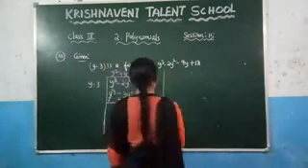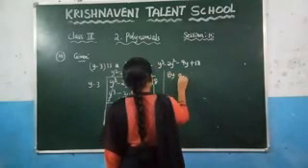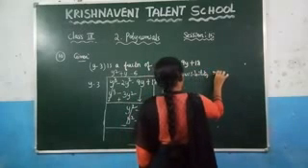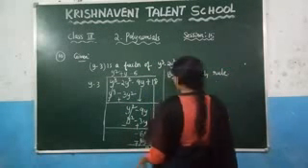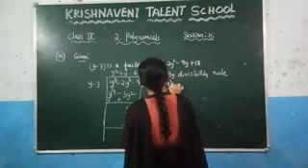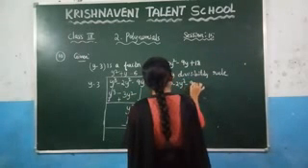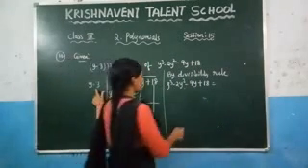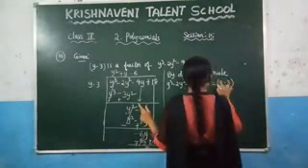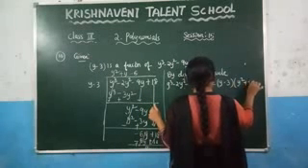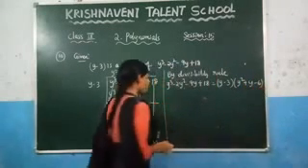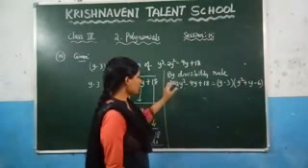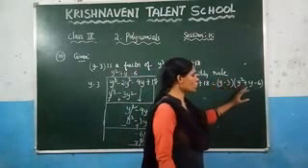So write it here, by the divisibility rule, dividend, in this case, which is y cube minus 2y square minus 9y plus 18, is equal to divisor, which is y minus 3, into the quotient, which is y square plus y minus 6, plus remainder 0, there is no need to write it. Now we have written the given polynomial as a product of two polynomials.